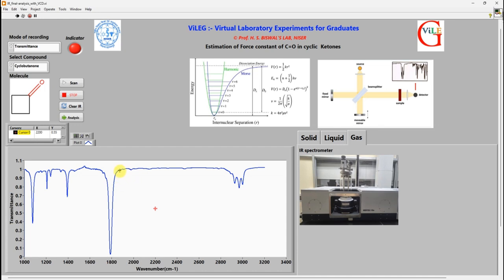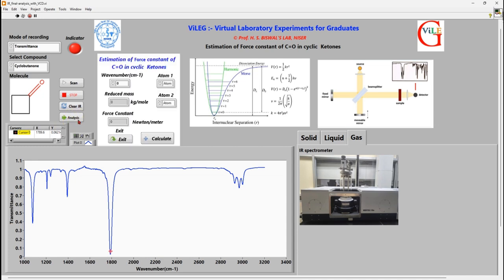Here the carbonyl stretching frequency occurs at nearly 1789 centimeter inverse. From here we can obtain the force constant of C=O.